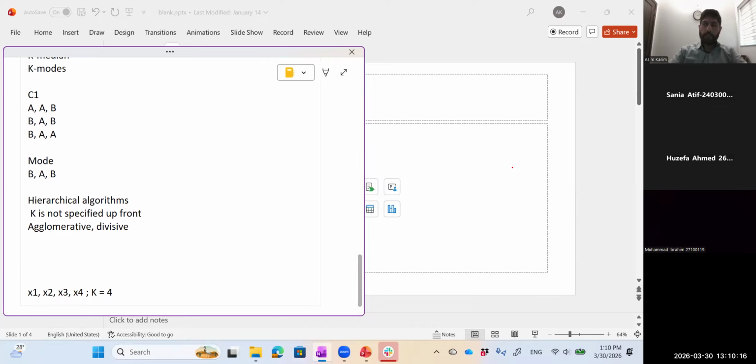At the first step I'm going upwards from the bottom. Let's say x1 and x3 are the most similar. You need a similarity function or some way of quantifying the similarity between objects. So I'll combine x1 and x3 into one cluster, and I'm left with x2 and x4. So k is now 3: the first cluster is x1, x3, the second is x2, and the third is x4.